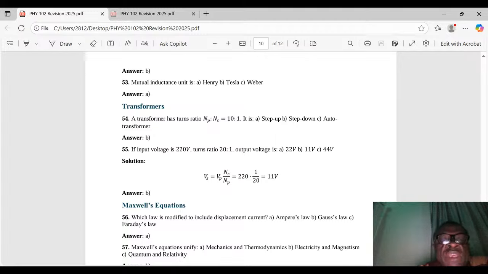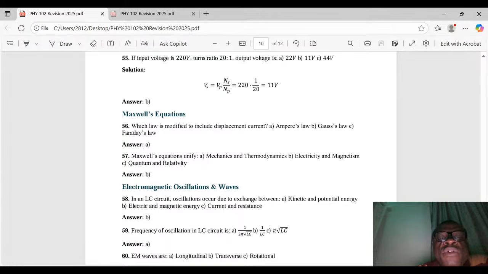55. If input voltage is 220 volts, turns ratio is 20:1. Once you see 20:1, number of turns in the primary is 20, in the secondary is 1. So output voltage becomes what? And see the formula.